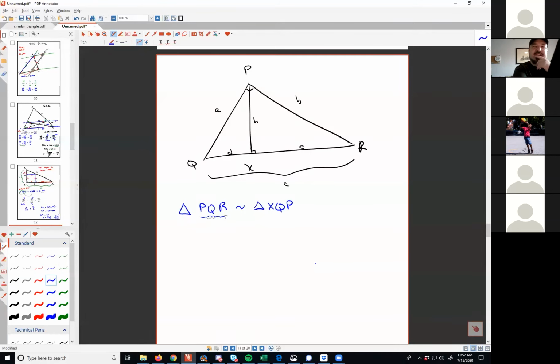Do you see what I was asking now? Yeah, because they have a right angle. I couldn't see how they were similar yet, so I was trying to figure it out in my head. Got it. Okay, and now name the last one in the correct order. XPR.